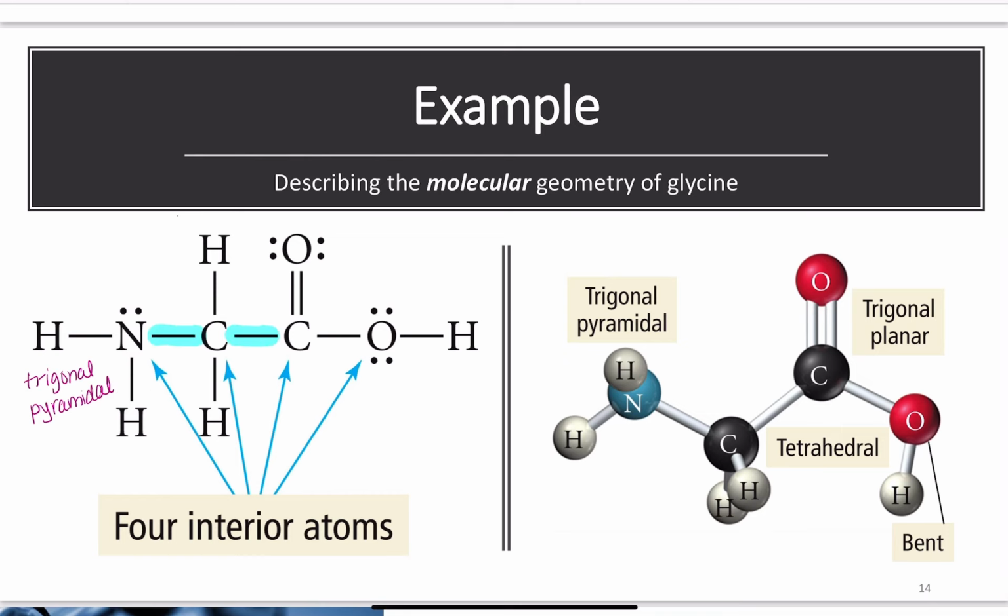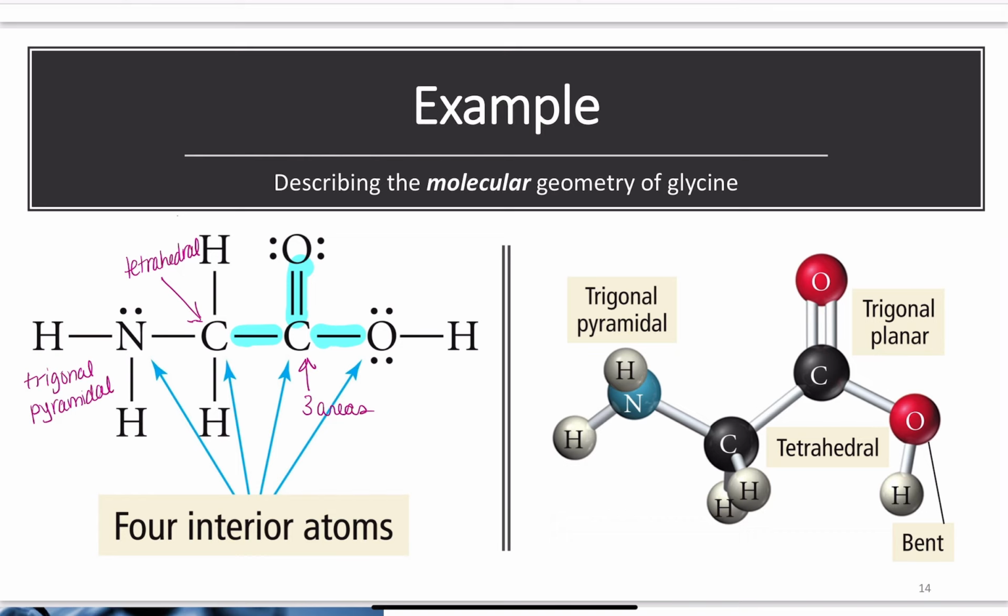Carbon here, 1, 2, 3, 4. 4 areas of electron density and no lone pairs. This is tetrahedral. It's going to match its electron geometry since there's no lone pairs. Carbon in here, 1, 2, 3. 3 areas, because that double bond counts as 1 area.